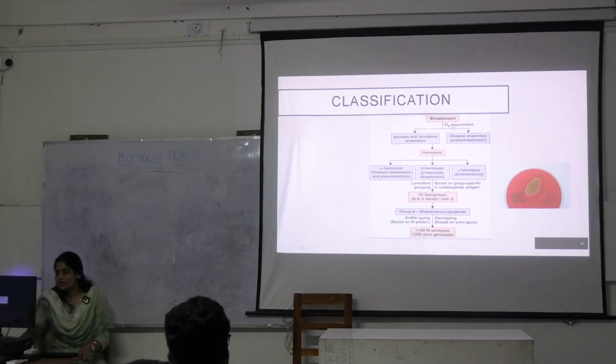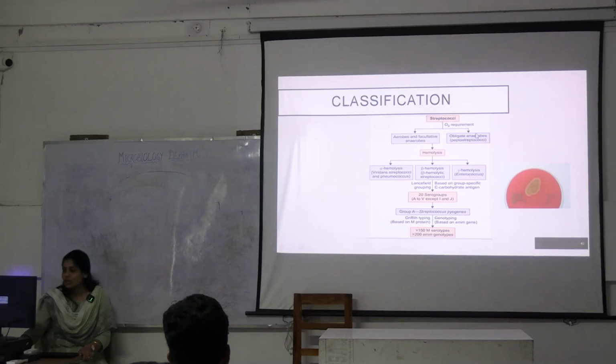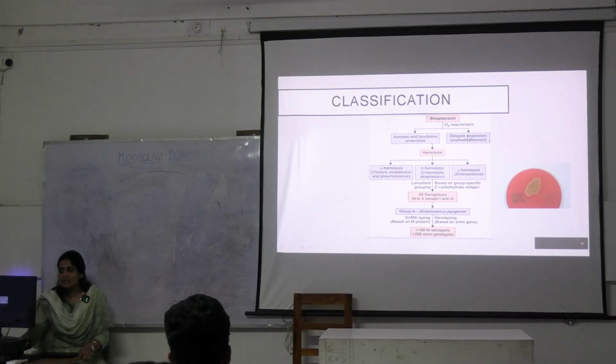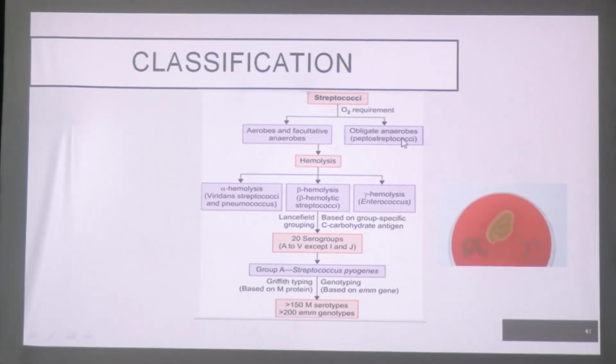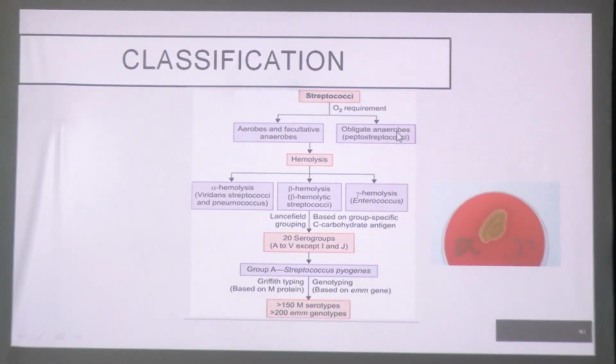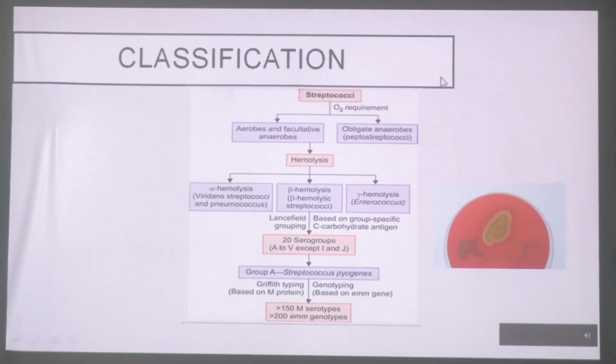Based on the oxygen requirement, we describe streptococci as aerobic and facultative anaerobic, and obligate anaerobes. Where will you find them? In moist places of the body. For example, oral cavity. So Streptococcus will be seen in oral cavity. You leave it here. Obligate anaerobes.